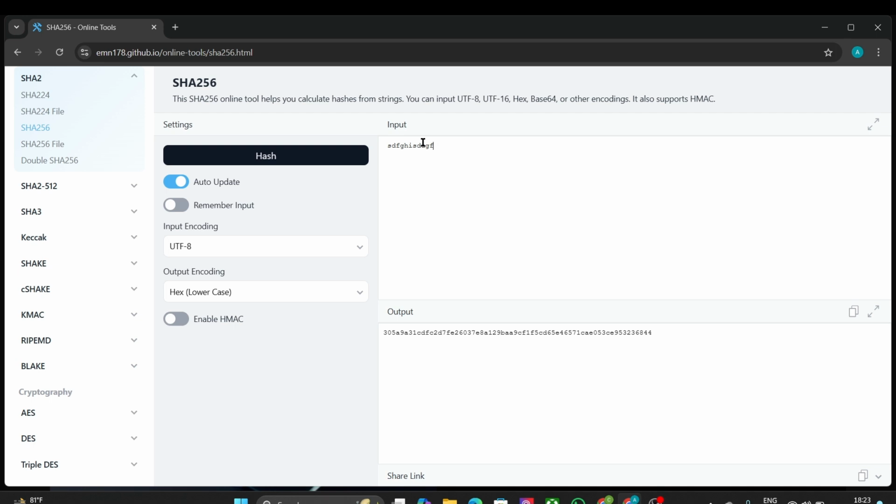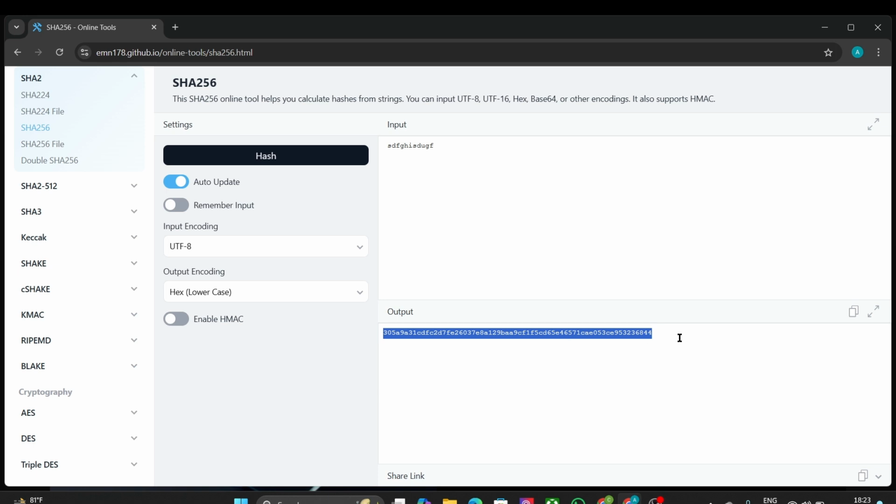What is a block? A block in a blockchain consists of the transactions or other data which you are putting on the blockchain. So blockchain takes that entire data and puts it into SHA-256, which generates a hash for that particular data.